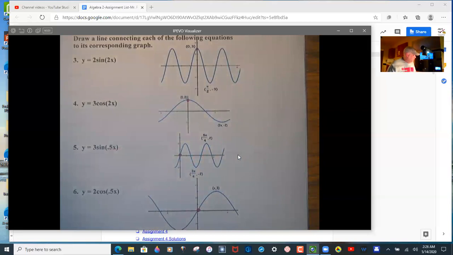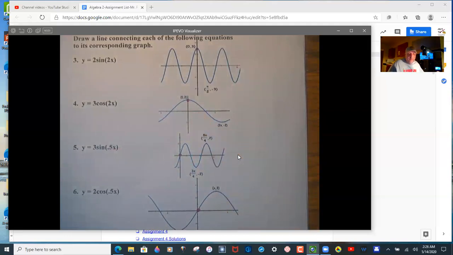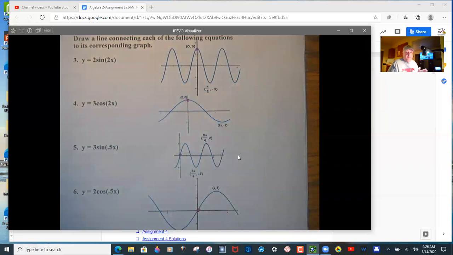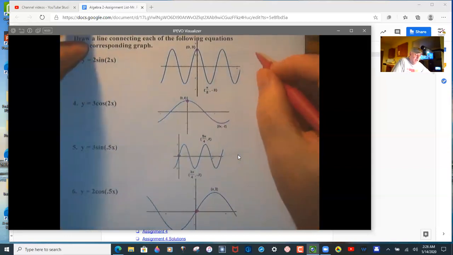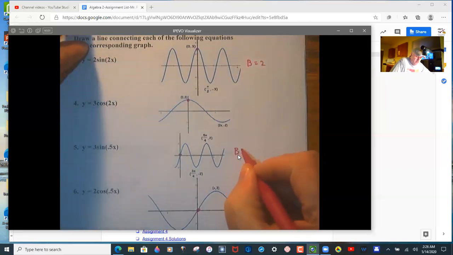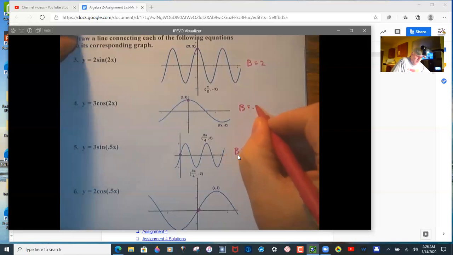So this graph is stretched out more, this graph is stretched out more. So those are going to have the 0.5s, and then the two graphs with the b value of 2 are going to be compressed more. So these are going to have b values of 2, that you can just reason out as you're doing this.